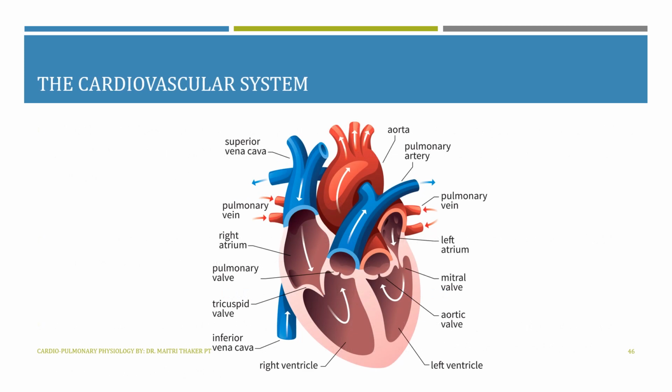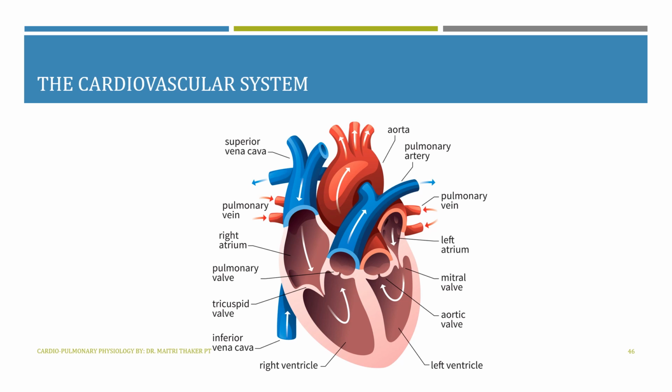Directly jumping on to the anatomy of the cardiovascular system, the main organ is our heart. It has 4 chambers, as you all know. I'll just quickly revise the anatomy. Right atrium and left atrium, 2 ventricles, right ventricle and left ventricle.